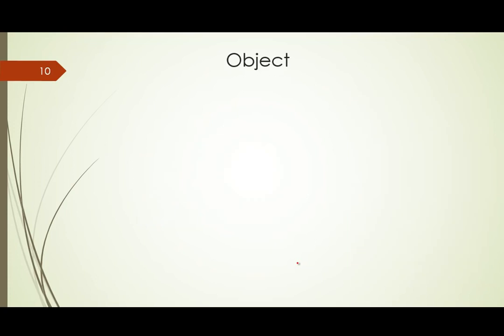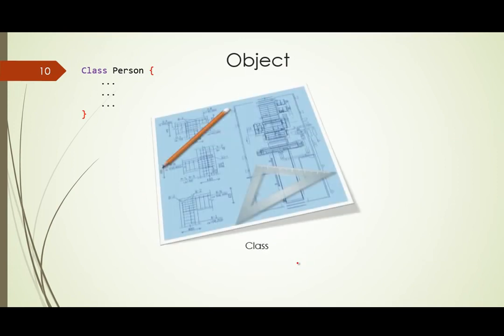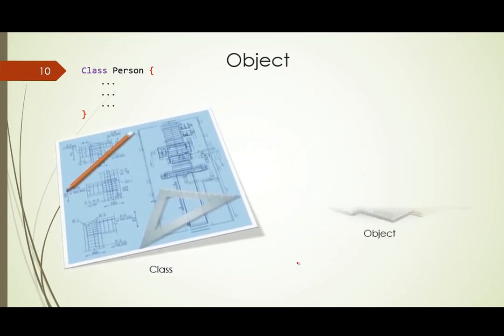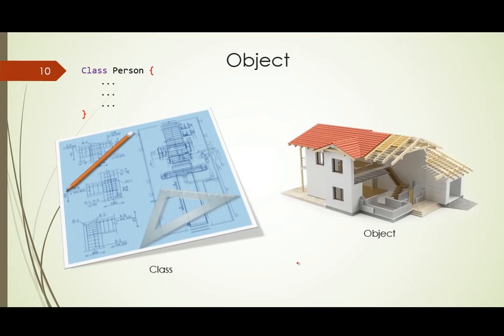So what is an object? A class is an abstract representation like this, and the object is like the house itself, built on that blueprint or abstraction. If you assume this is the blueprint of the house, which is the class, the object is making the house on top of that blueprint.